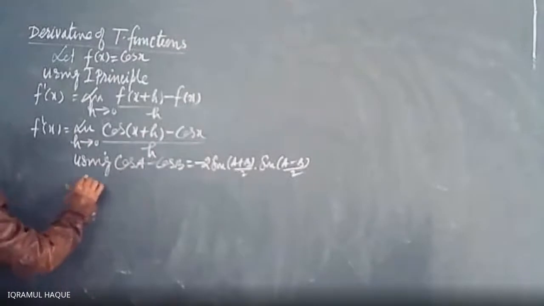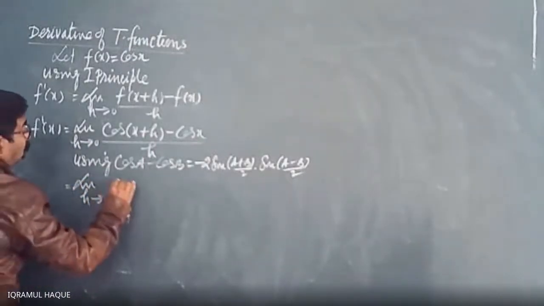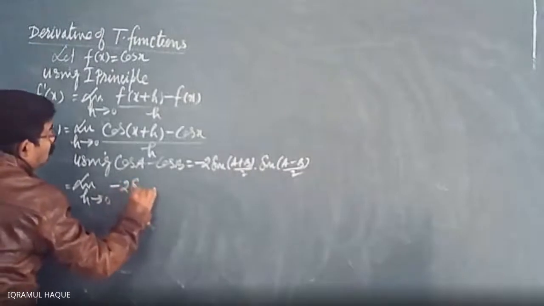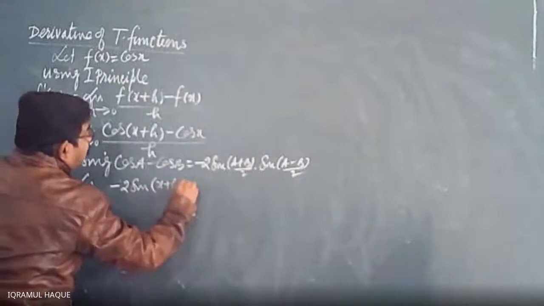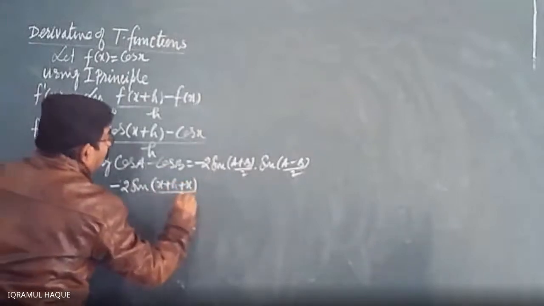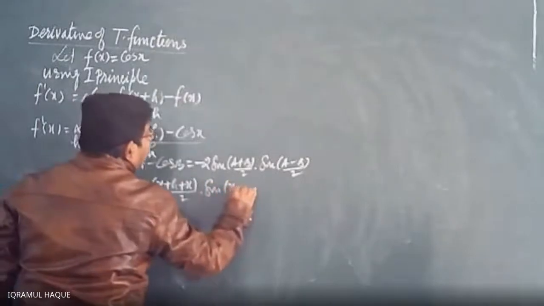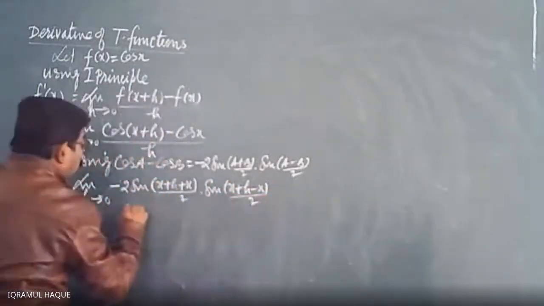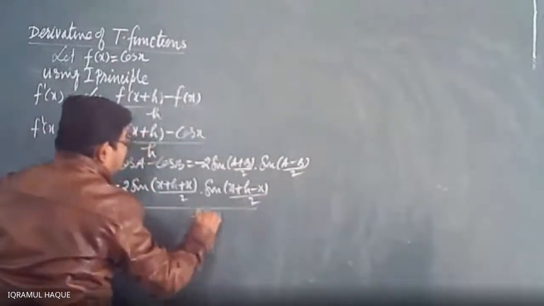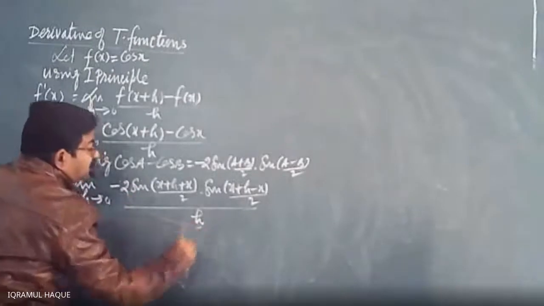So we can write limit h tends to 0, minus 2 sin((x+h+x)/2) sin((x+h-x)/2) upon h. Once again, this 2 reverts to its denominator.